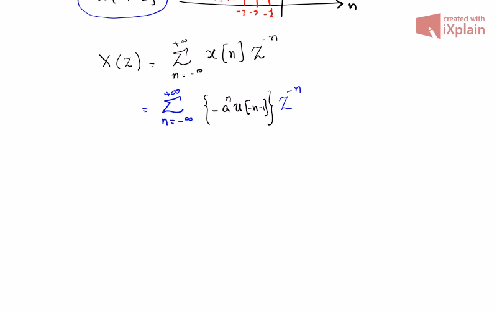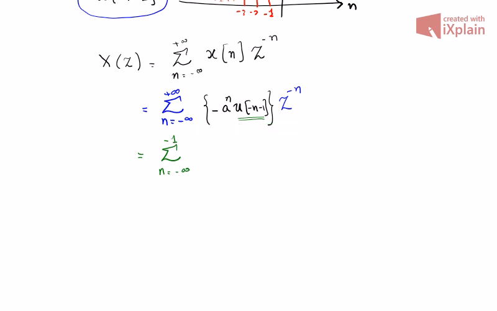In the next step, I'll rewrite it, but now I'll apply the limits according to this function, and this will not appear in the next step. So we can rewrite our limits for n from minus infinity to minus 1, because this whole product is non-zero only for n from minus infinity to minus 1.